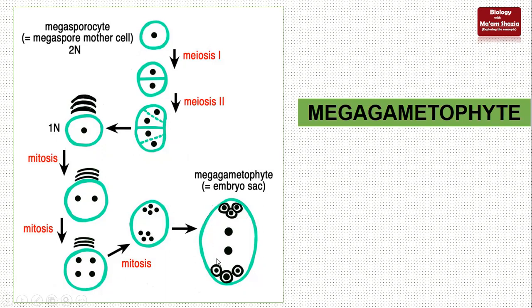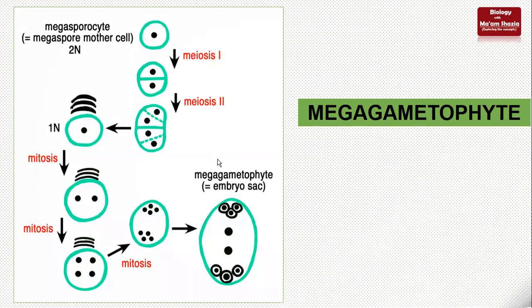This is collectively called the embryo sac, or megagametophyte, which contains eight haploid nuclei inside it. So this is how it develops. This diagram shows you the development of the megagametophyte.